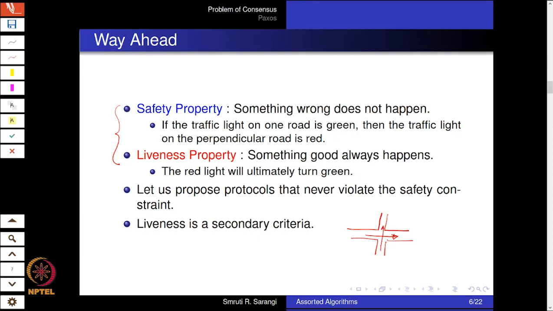Otherwise, there will be a collision. So we want the lights on the perpendicular road to be red. This is a safety property. The other is a liveness property, which says that something good eventually happens, which means the red light over here will ultimately turn green.